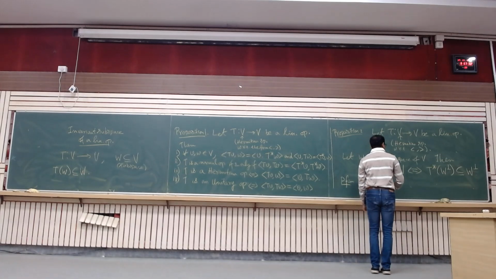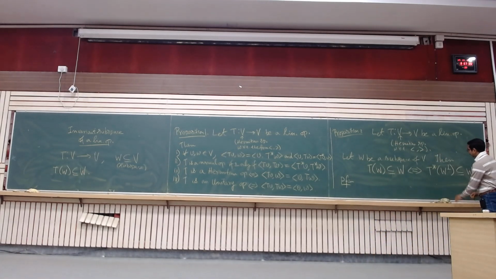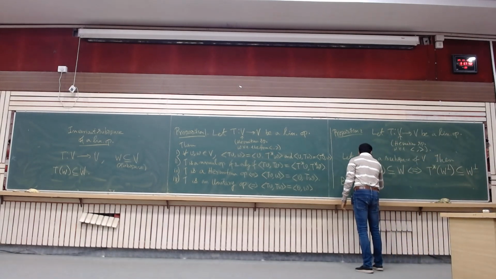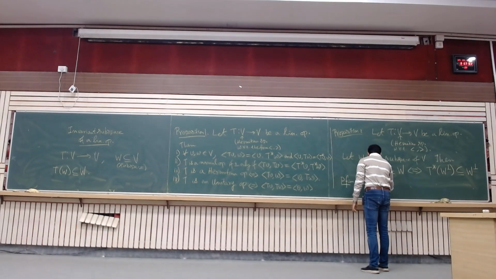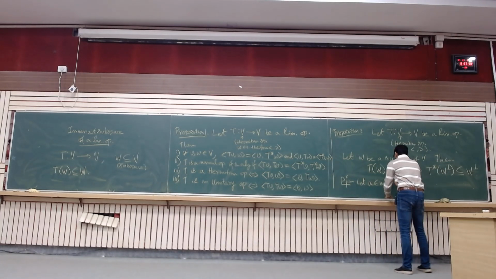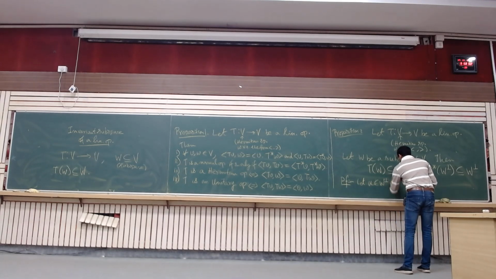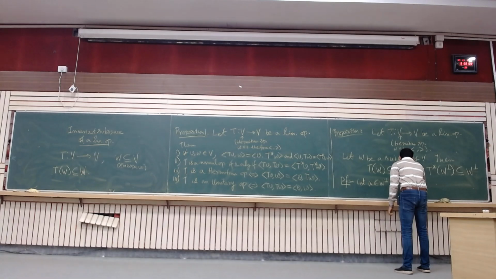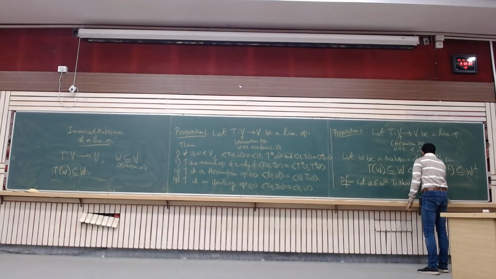Okay, how do we show that? Well, we take an element of W perp and we are going to show that if you apply T star on that, that's still going to be in W perp. So let U be an element in W perp. Then to show T star U is in W perp.